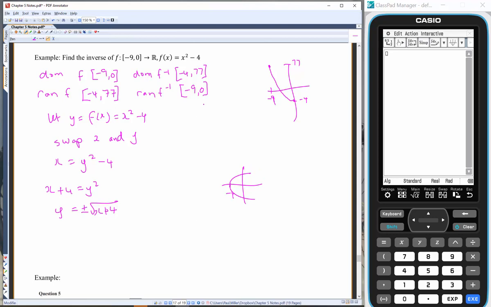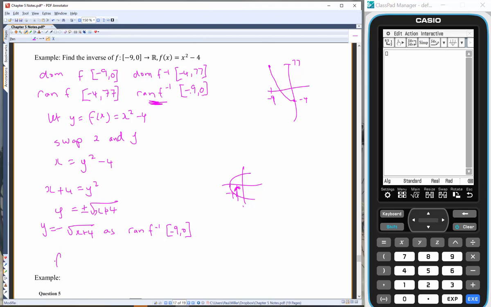Note here that the range of the inverse function, the set of y values that can possibly come out of it, are -9 to 0. That's down here. So this is a situation where we want the bottom half. What we're going to say is y is actually equal to negative root (x plus 4), as the range of the inverse function is -9 to 0.